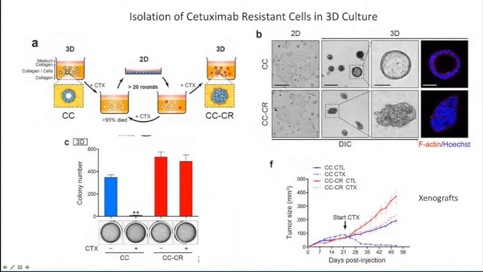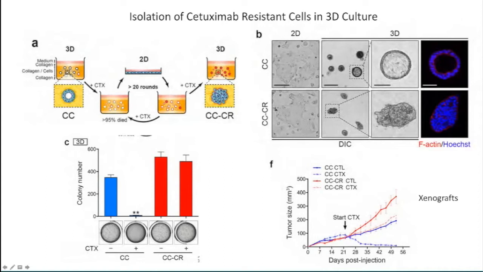These cells grow, as you see here, without a lumen. If you look on the far right, here are the CC cells, the cyst with the central lumen and polarized lining, and then the resistant cells have a completely different phenotype, and they proliferate in there. Shown over here is the colony number when they become cetuximab resistant.